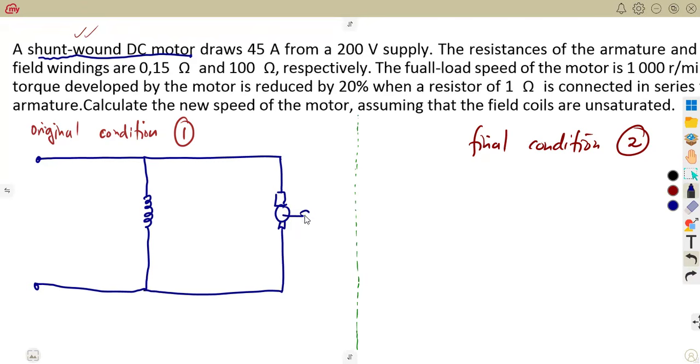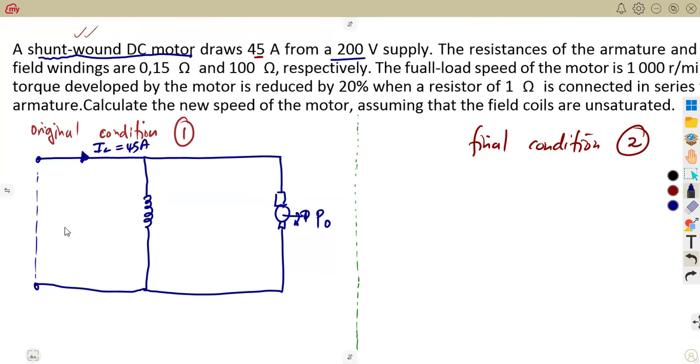Remember, this is a motor. This is your mechanical power output. So it draws 45 amps from the load. Remember, the current is being taken in. It's a motor, it takes in the current. So the load current is given there, which is 45 amps.